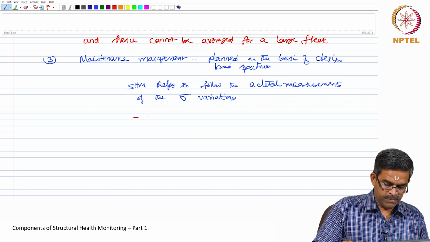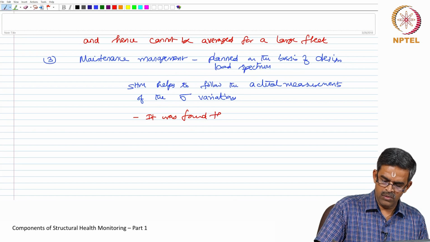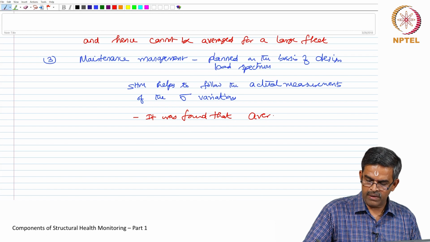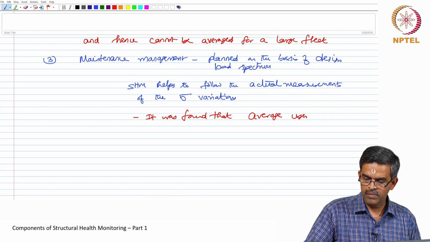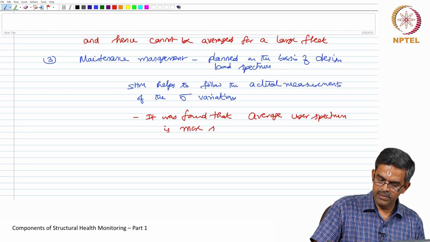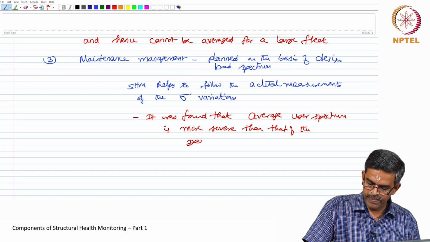Based on that, it was found that the average user spectrum is more severe than that of the design spectrum.